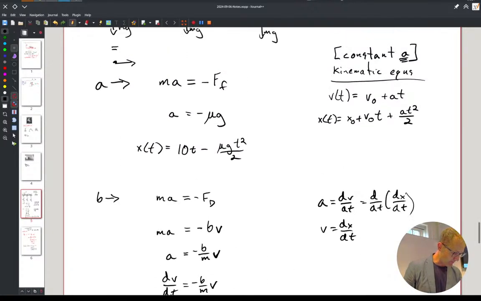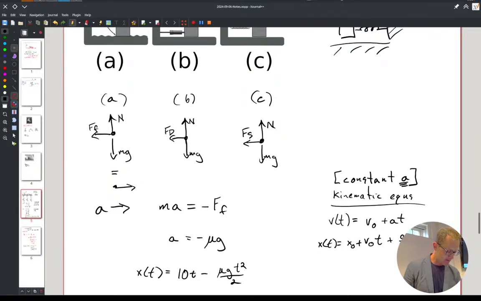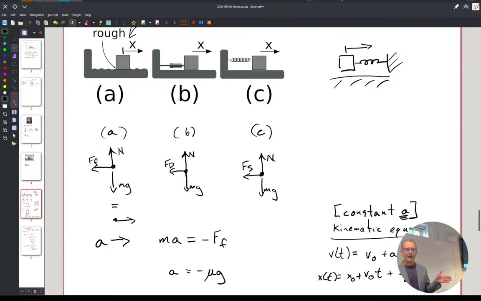And now we've got a whole other problem in part C where we have a spring. What does that differential equation look like whenever we have a spring acting on a mass? Do you know what ma is equal to in that case?